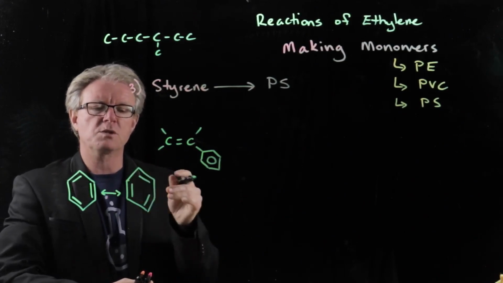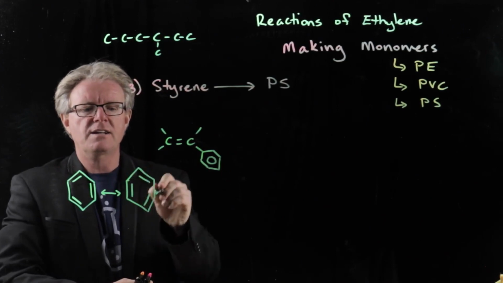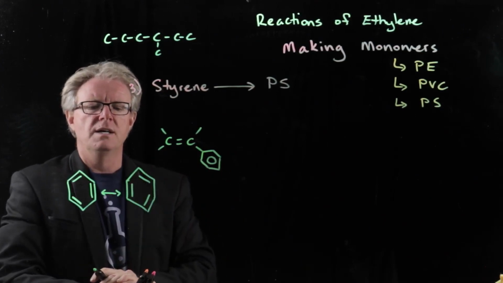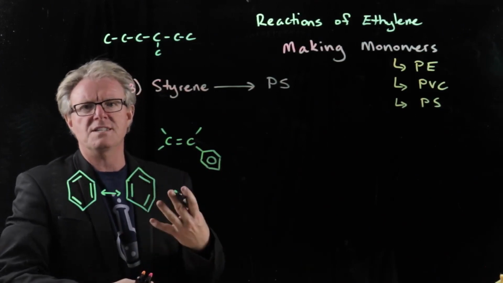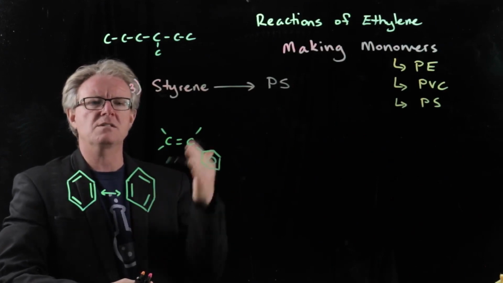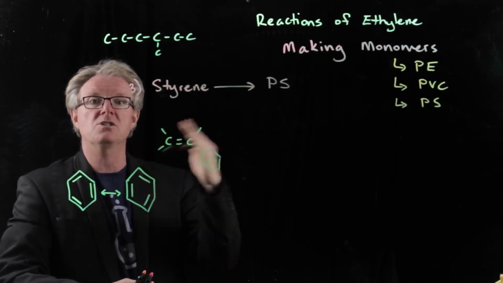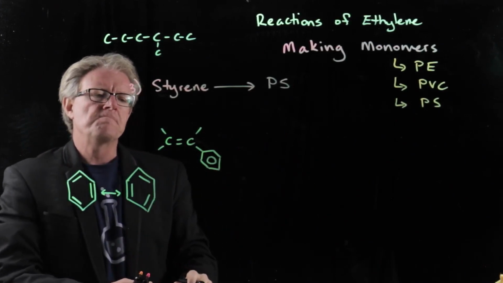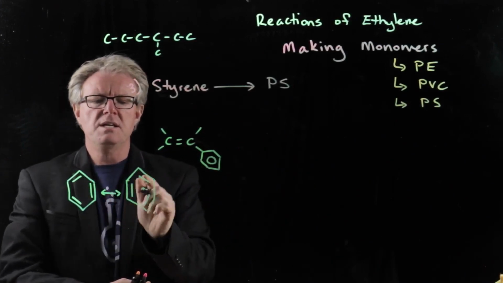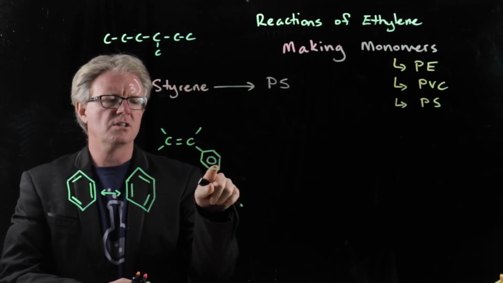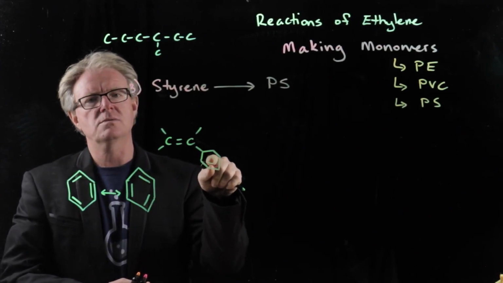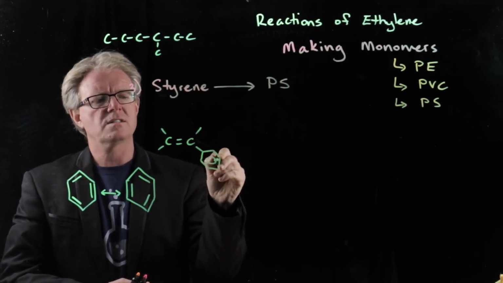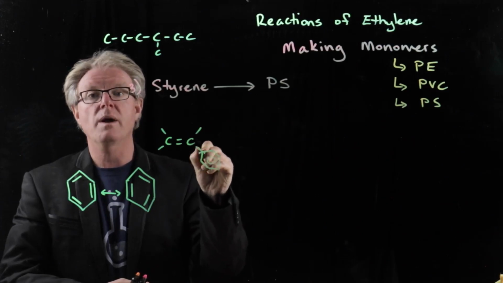It's a cross between a single and a double, and the electrons are constantly moving around. And we call this resonance. It's a resonance structure. To resonate means to go backwards and forwards or change positions in a periodic manner, right, when something's resonating. And so this is what's happening here. The electrons are constantly moving, and so you can see I've drawn it here with a little circle. Sometimes that's drawn like that to say that electrons are constantly moving around.